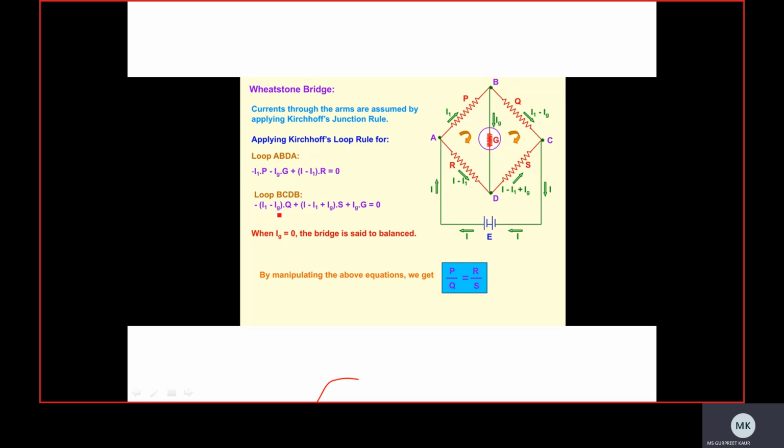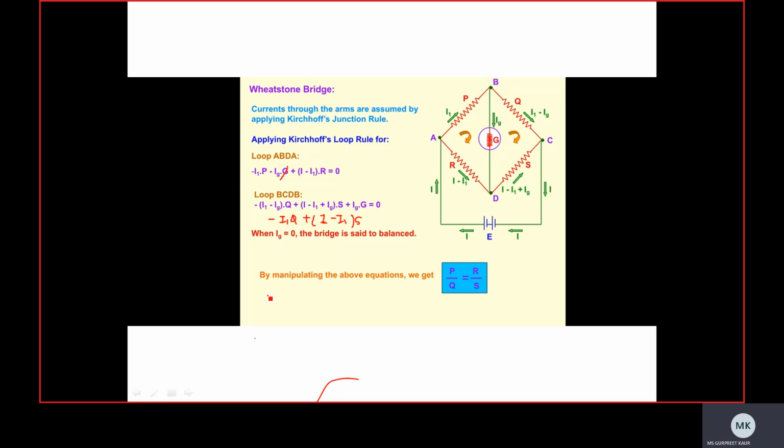Here in the second equation you will get minus I1Q plus I minus I1 into S. Ig equals 0, this term will cancel. Here too, after putting Ig equals 0, this term will cancel. Okay, now what will you obtain?